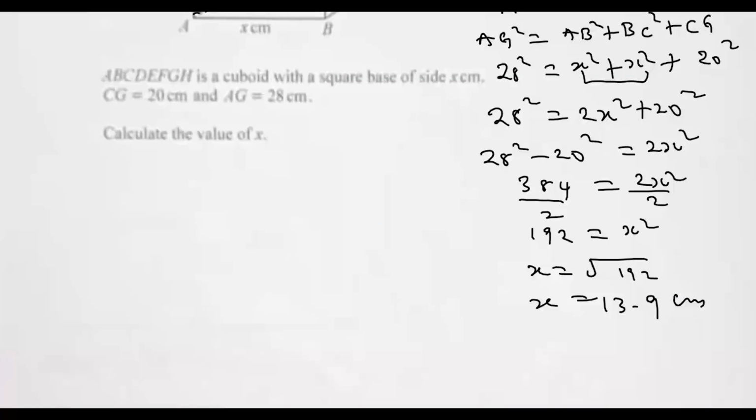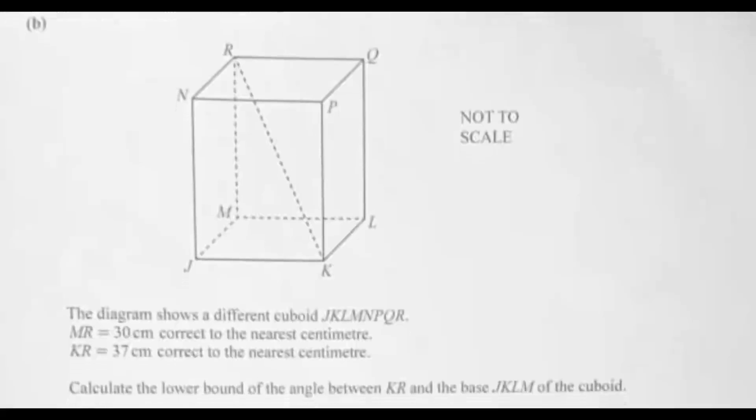So let's go to the last part. This is going to be another one still on a cuboid. The diagram shows a different cuboid, JKLMNPQR. So MR is given as this, correct to the nearest centimeter. KR is given as 7 centimeters, correct to the nearest centimeter.